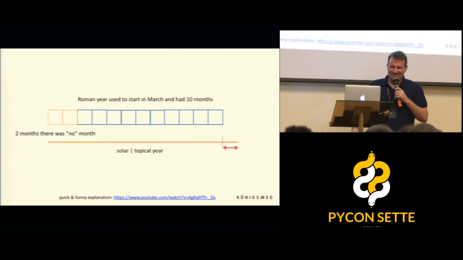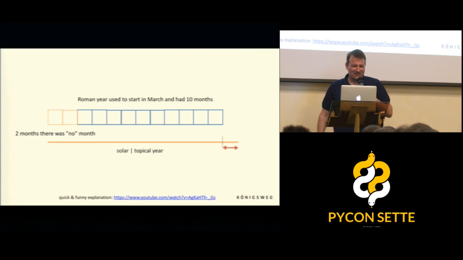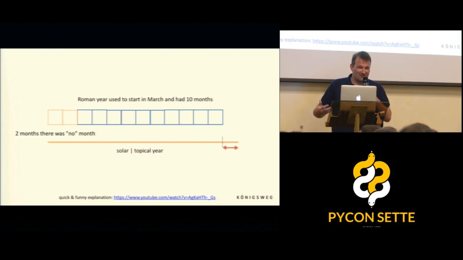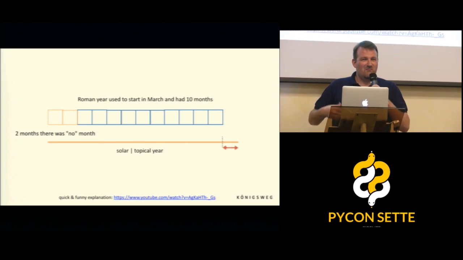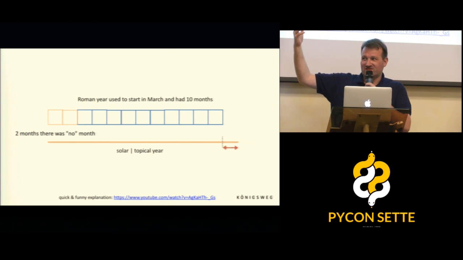Yeah, it's crazy. Of course, the whole system was reformed multiple times. They finally introduced 2 extra months, known as January and February, because the whole system is basically based on a pie chart in the sky, which is the moon.